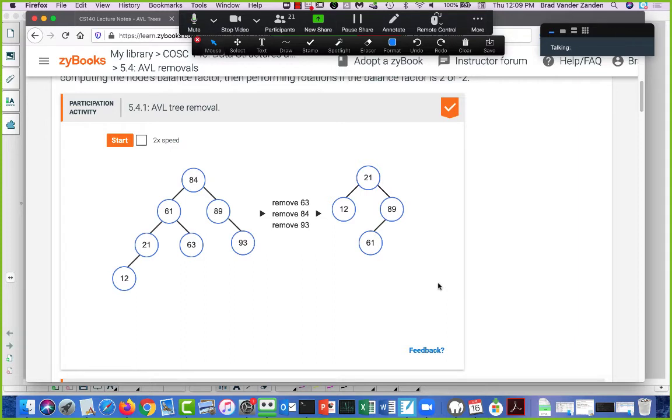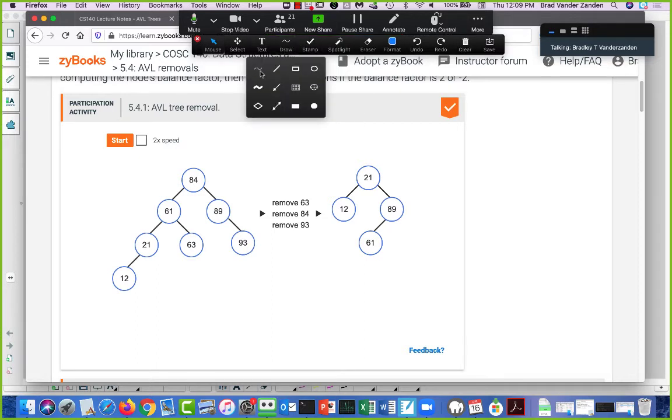Okay, so to start with, delete starts with the exact same delete algorithm that binary search trees start with.